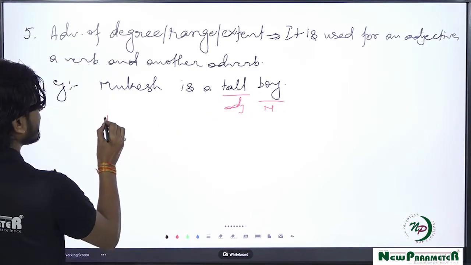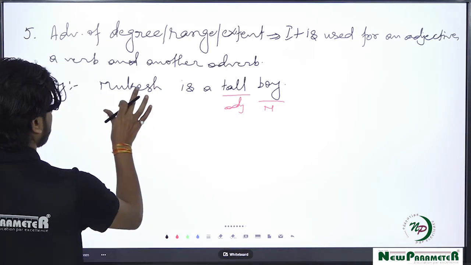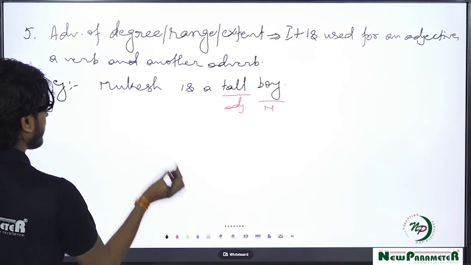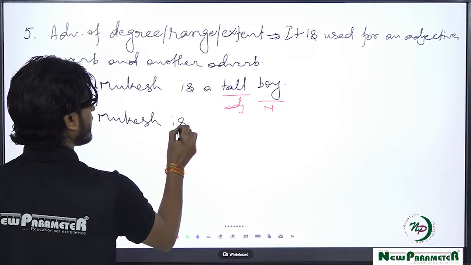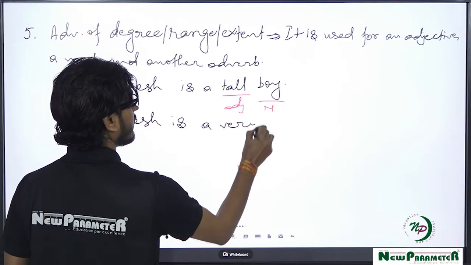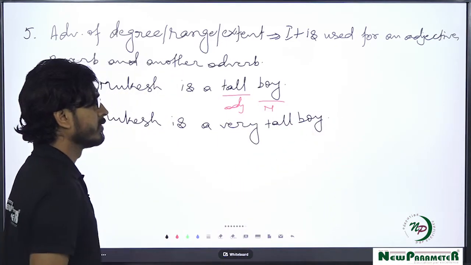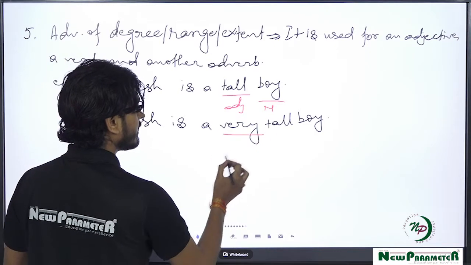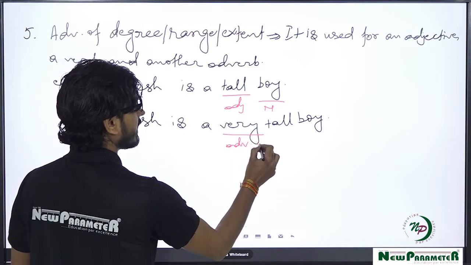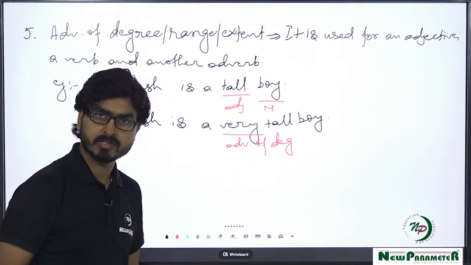So, in the very next example, I must write here, Mukesh is a very tall boy. So we can say the degree of his tallness is what? Very. So it becomes an adverb of degree, range, or extent.